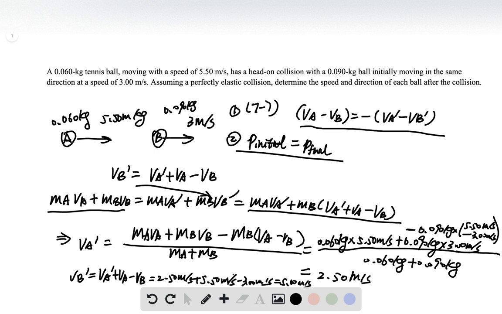So B is also moving to the east. We can double check that the relative speed of the two objects will be equal and opposite, because initially A is faster than B by 2.5 meters per second, but afterwards B is moving faster than A by 2.5 meters per second. And so they're both moving east.